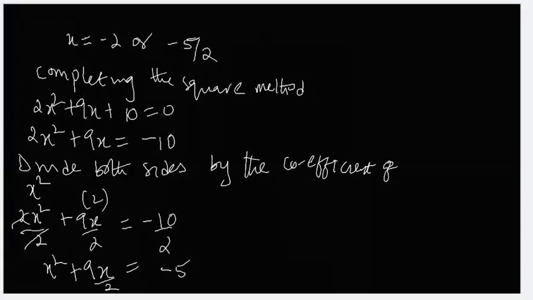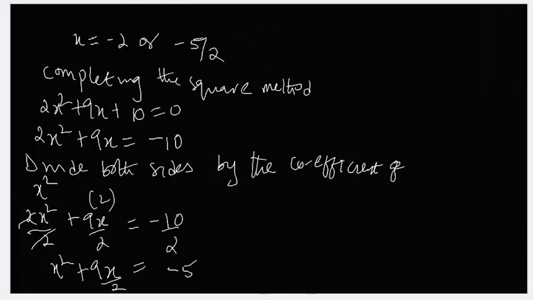x squared plus 9x over 2 is equal to minus 5.